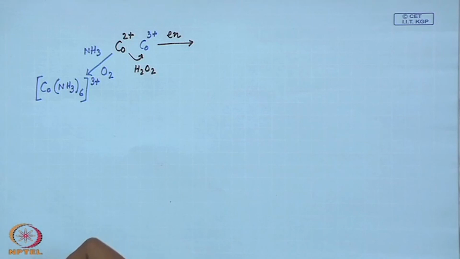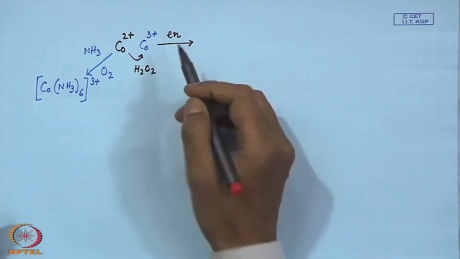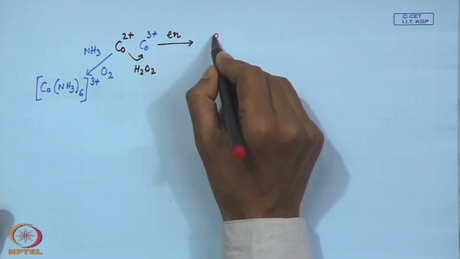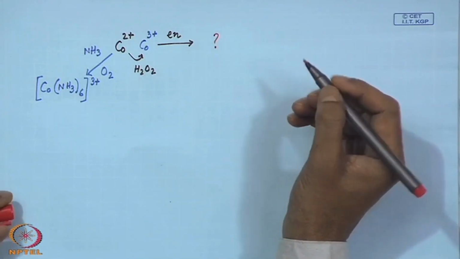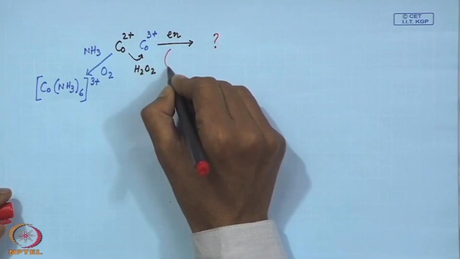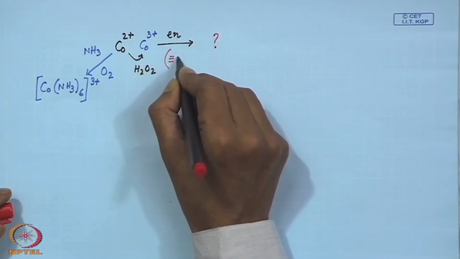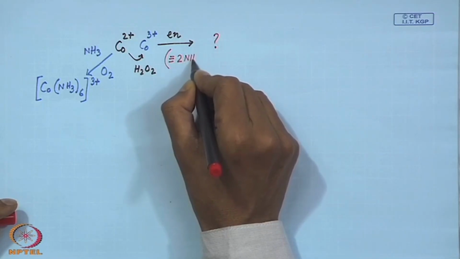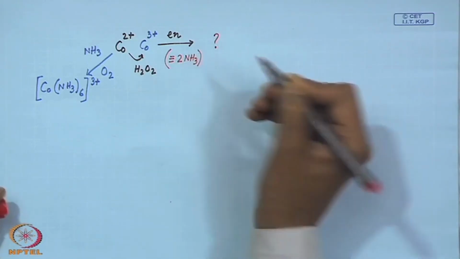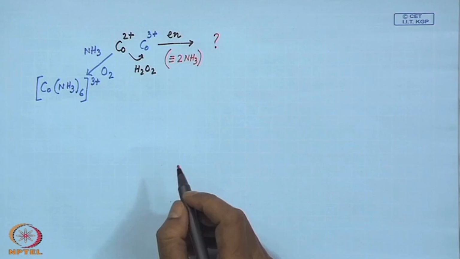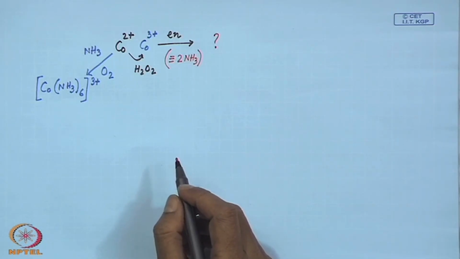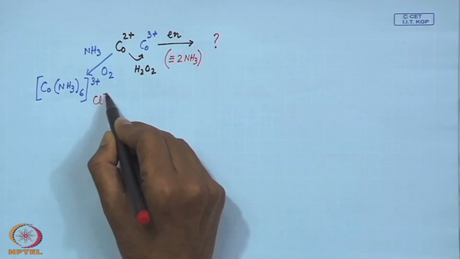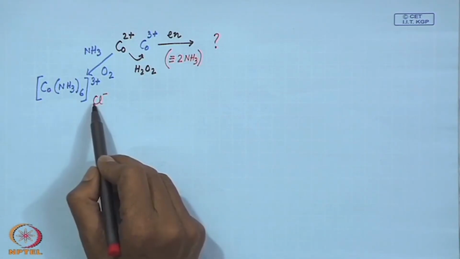Here also we consider how this cobalt 3 plus can react with ethylene diamine. We can have several products out of these reactions, where ethylene diamine can be considered as binding like 2 ammonia molecules. So 2 of these positions can be occupied, and what we cannot control, in the presence of Cl minus, is the cobalt chlorine bond.